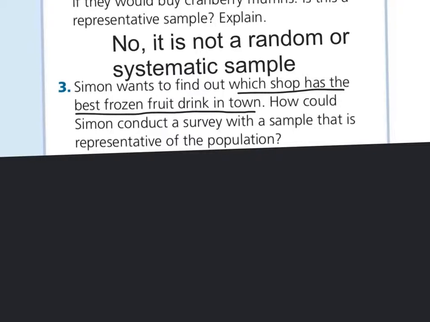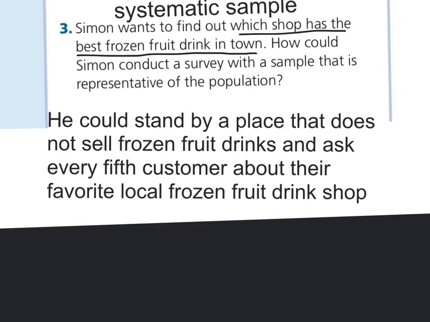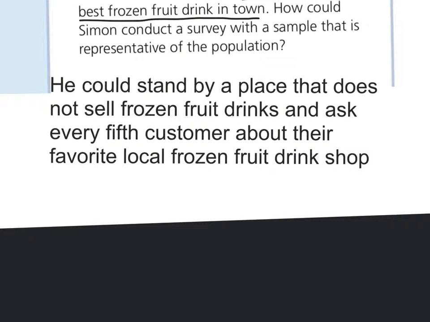And so we're trying to figure out how he would conduct a survey representative of our population. So one option is he could stand by a place that does not sell frozen fruit drinks and ask every 5th customer about their favorite local frozen fruit drink shop.